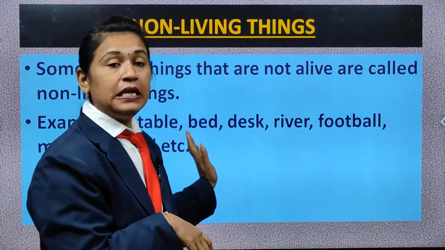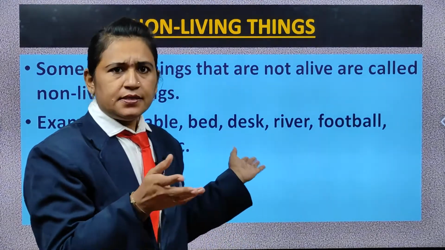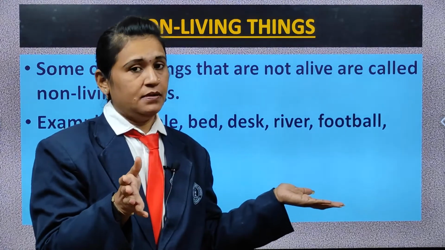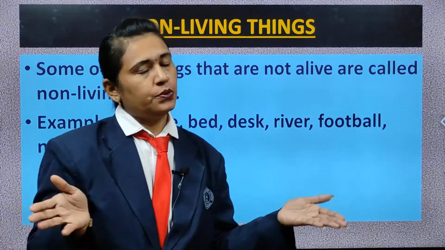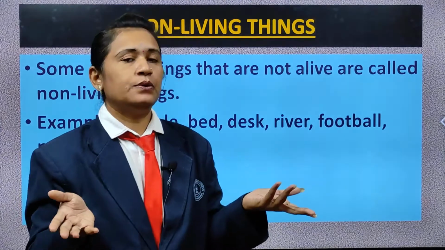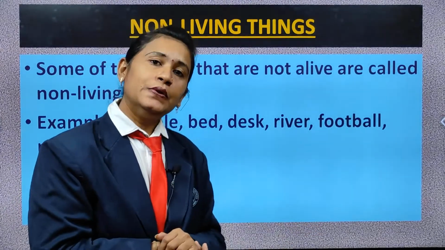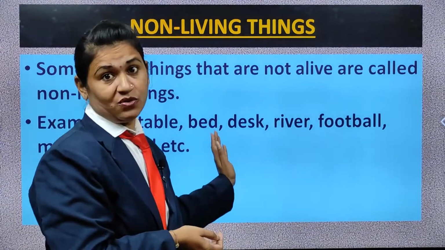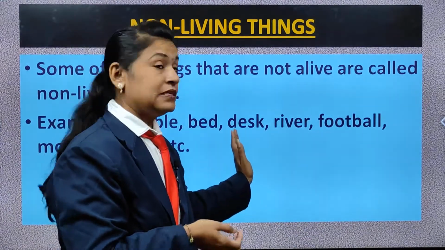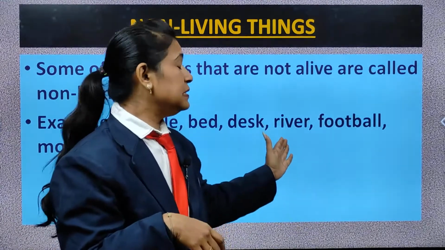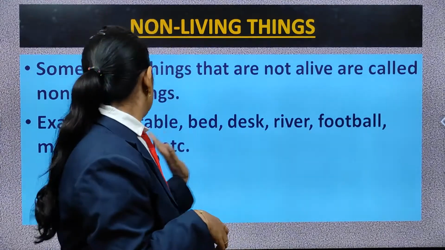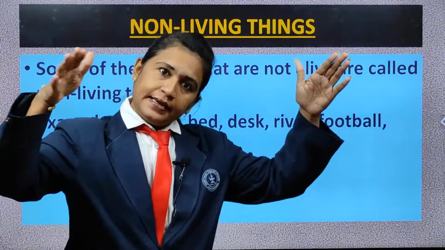Example, table. You have seen the teacher's table, no? Does it grow? No. Does it breathe? No. Does it have life? No. So they are non-living things. Your bed on which you sleep, desk on which you write, then river, football, mountain and soil.